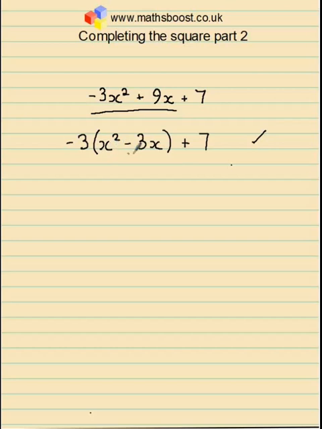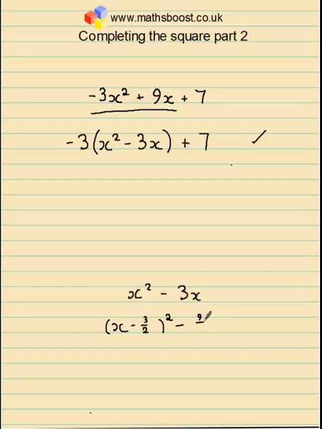And then I'm going to take what I've got in the brackets and separately, to avoid confusion, I'm going to complete the square here in just the way you've been taught in part 1. Half the b coefficient, and then I'm going to square this.